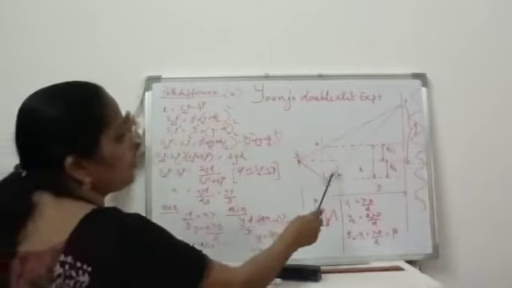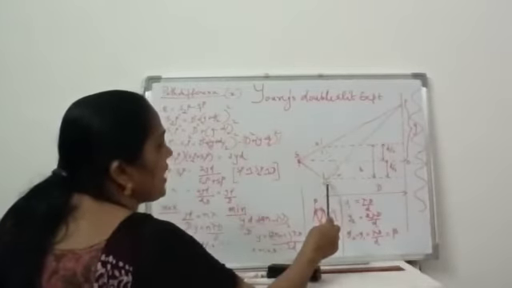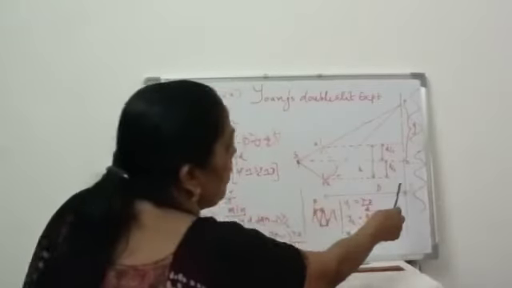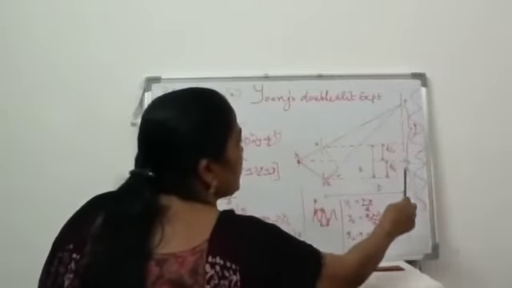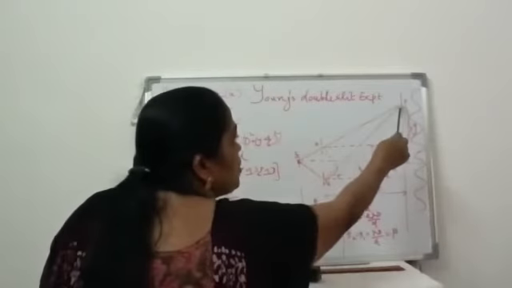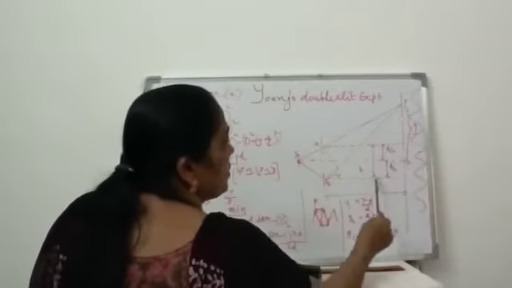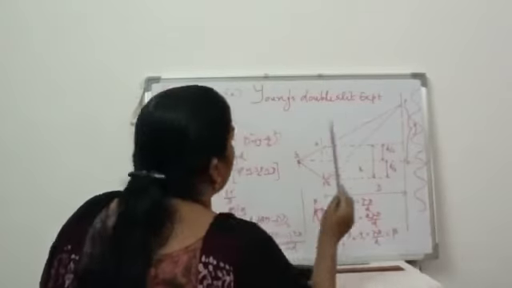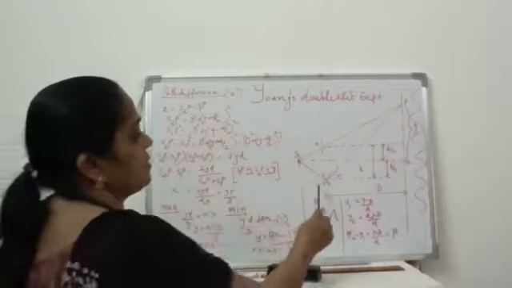Now consider this triangle S2P, and you can name some point here. If you use the Pythagoras theorem, you get S2P squared is equal to d squared plus y plus d by 2, the whole squared. Can you see?